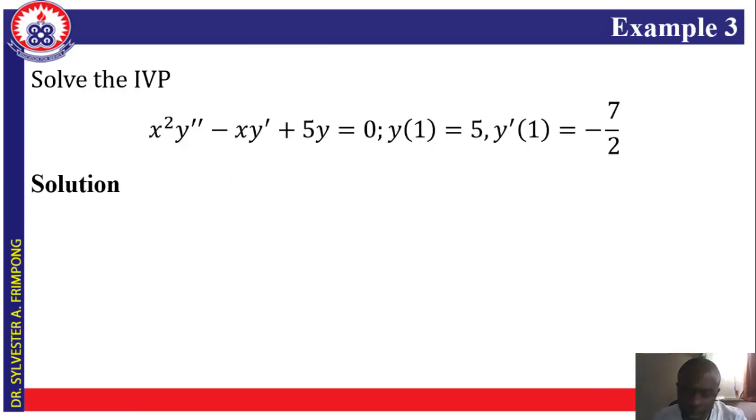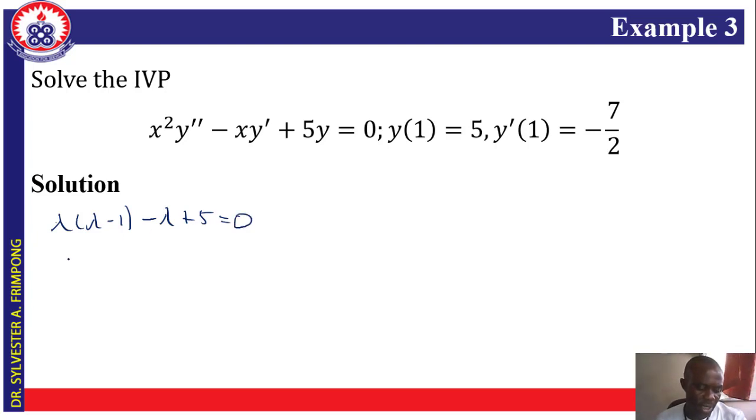Let's look at the third example. Solve the IVP x squared y double prime minus xy prime plus 5y equal to 0, with y of 1 being 5 and y prime of 1 being negative 7 over 2. So this being a Cauchy Euler, the characteristic equation is lambda times lambda minus 1 minus lambda plus 5 equal to 0.